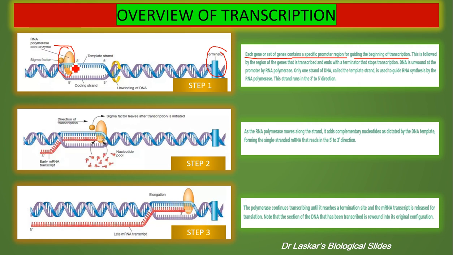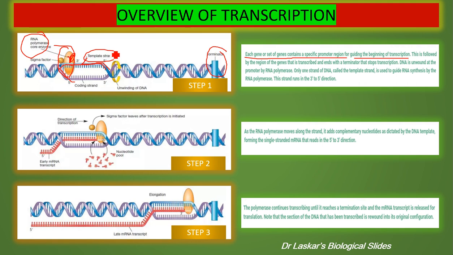DNA is unwound at the promoter site. You can see the DNA part is unwound at the promoter site with the help of enzyme RNA polymerase. So this is the enzyme RNA polymerase that mainly unwinds the DNA duplex, and only one strand of DNA, this one, is called the template strand.